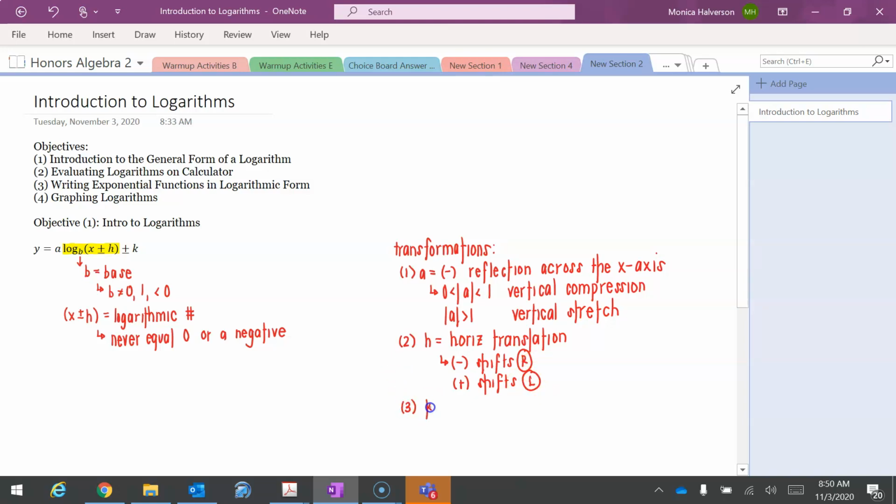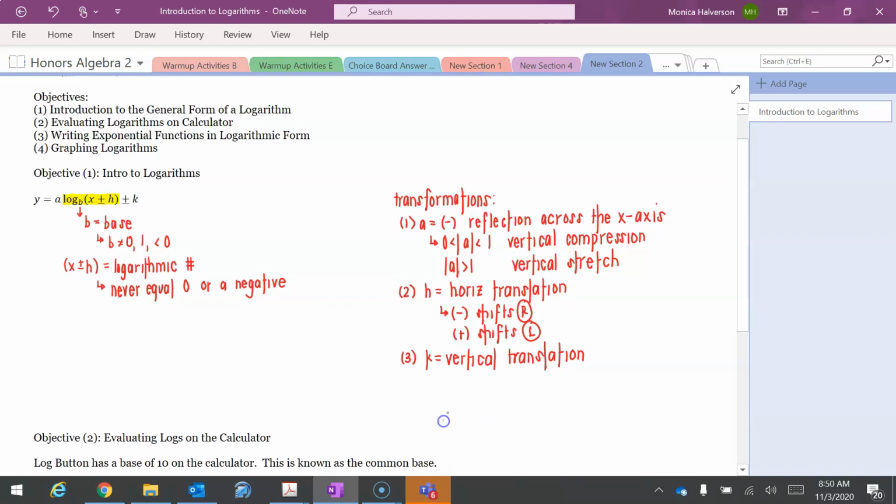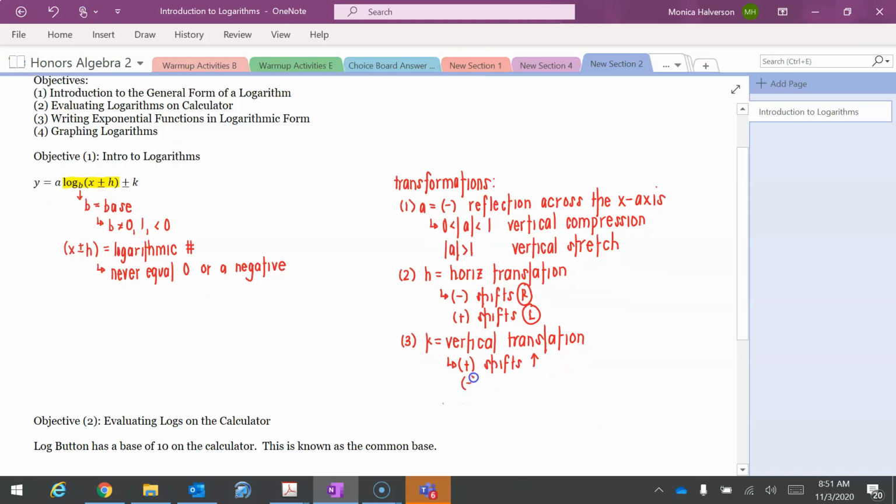And we know k stands for our vertical translation. All right? So if it's positive, it shifts up. And if it's negative, it shifts down.